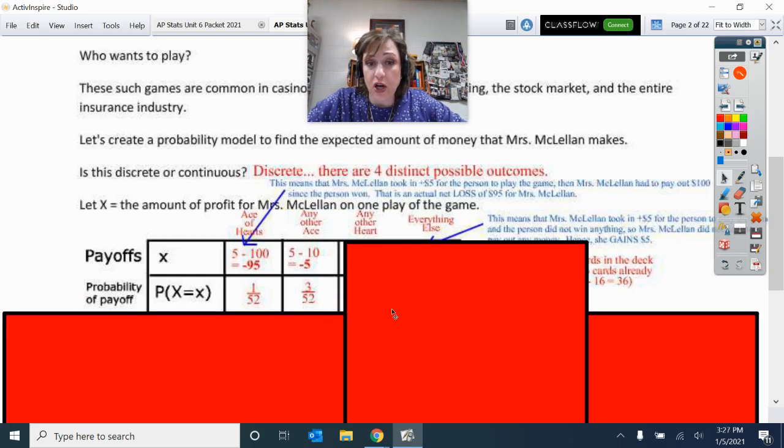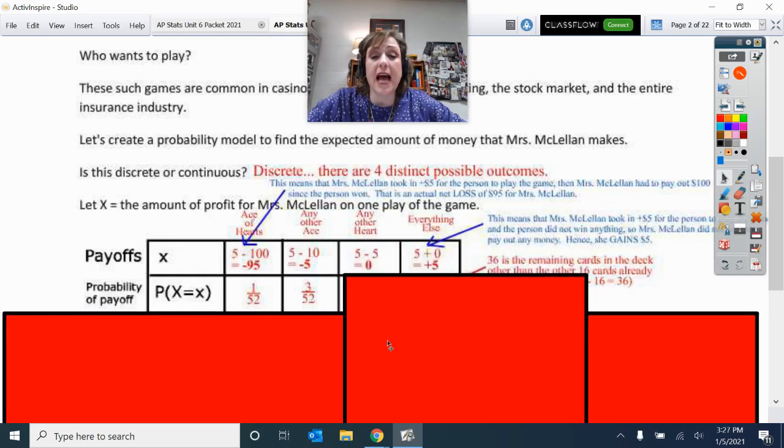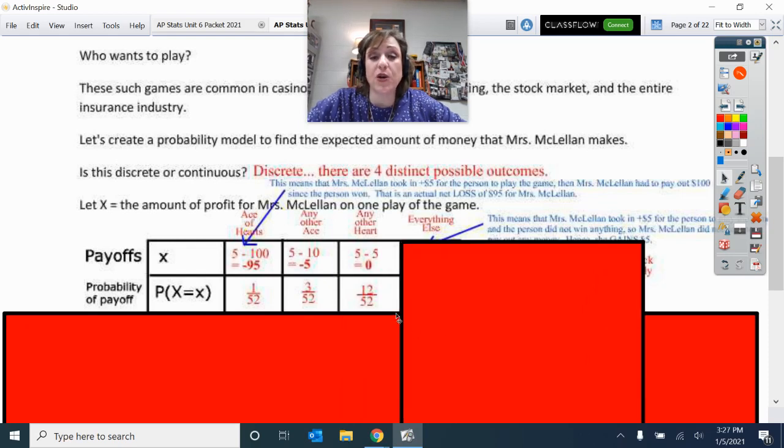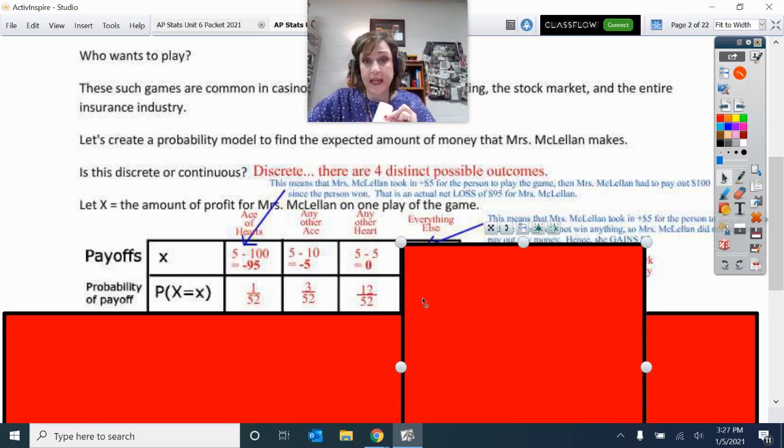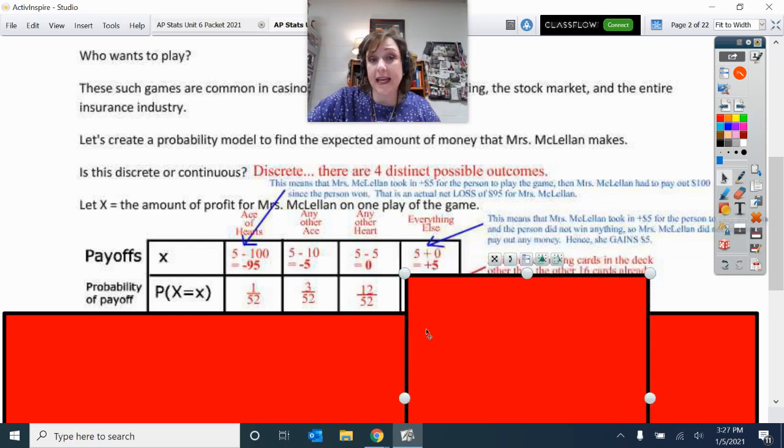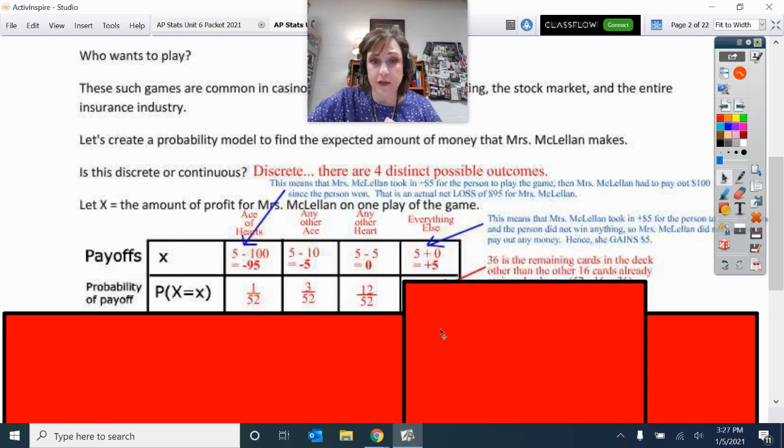So there's 12 other hearts, and with that, you give me $5, I give you $5 back. So it's a break-even situation, and that happens 12 out of 52 times. Okay, for everything else, you gave me $5. I kept it because you lost. So that's $5.